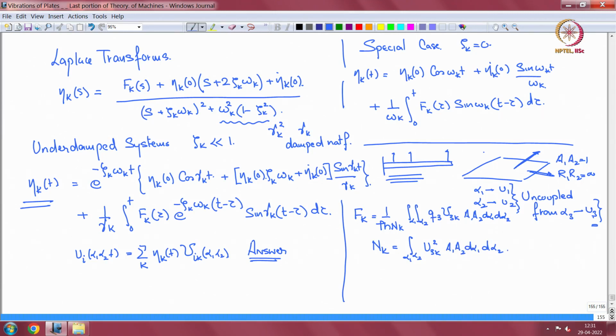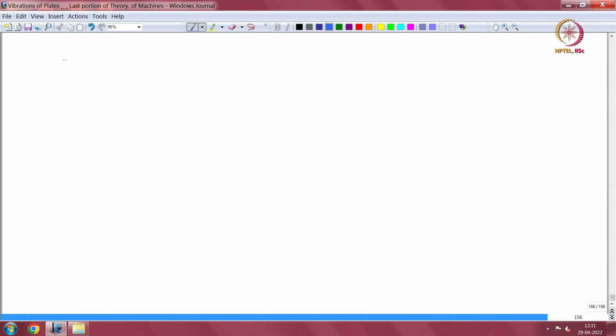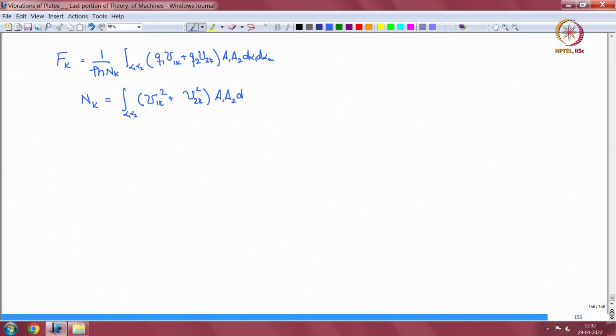And if it so happens that we are interested in the U1 displacement and the U2 displacement, and the forces are acting along U1 and U2 on the surface, that means there is a Q1 force and a Q2 force on the surface, then Fk changes to 1 over rho h nk, integral over alpha 1 alpha 2 of Q1 U1k plus Q2 U2k, A1 A2 d alpha 1 d alpha 2, and then Nk takes the form integral of U1k squared plus U2k squared, A1 A2 d alpha 1 d alpha 2.